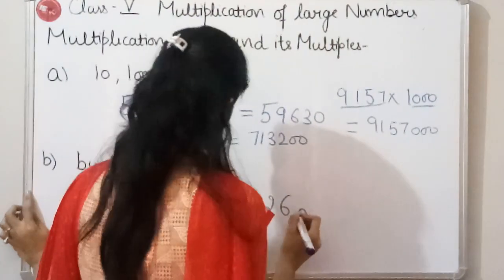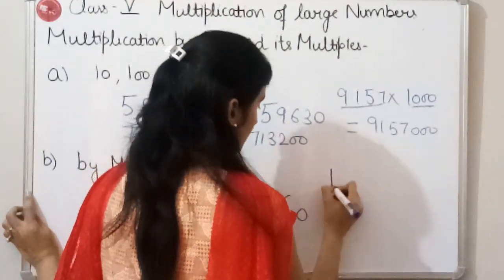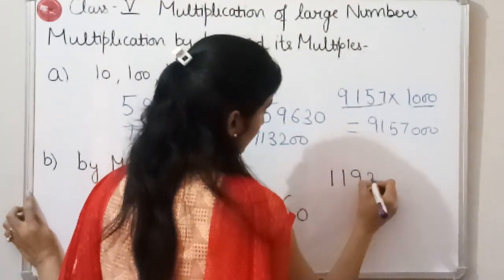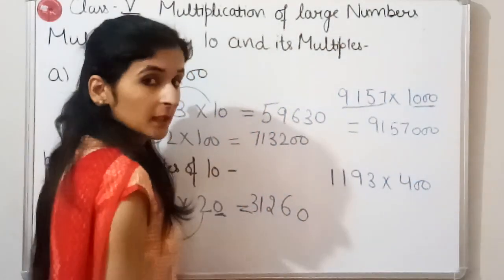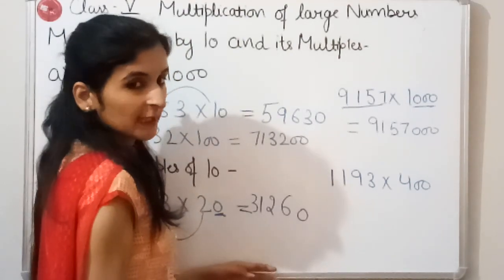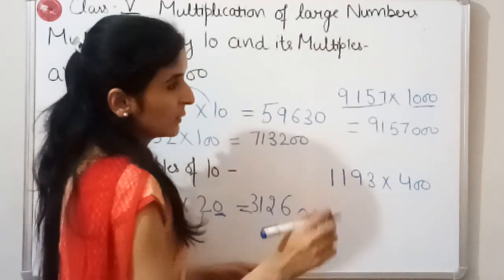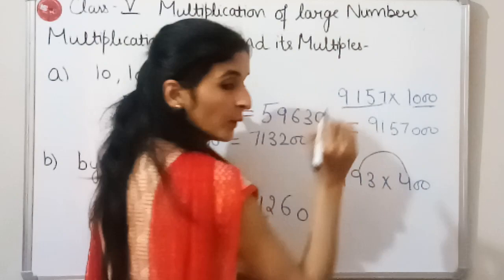Now if we talk about 1193 multiplied by 400, then what are we going to do? Can anybody tell me? Yes, we are going to multiply this by 4 first.